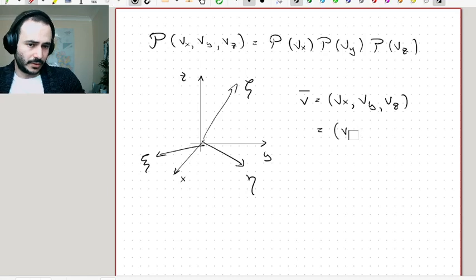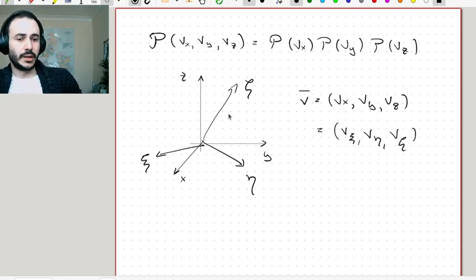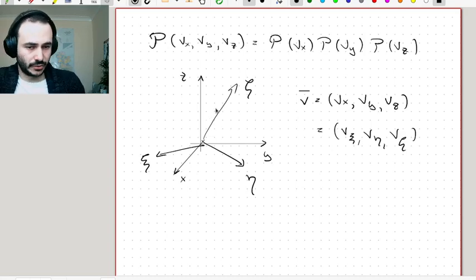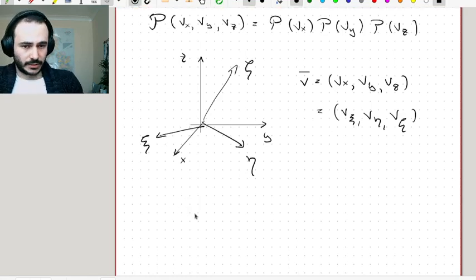It is the same velocity. I just changed the way in which I write it because I arbitrarily chose a different reference system. But as I said before, there are no privileged directions and everything is isotropic, so this probability should be independent of any specific system of axes that I choose to write my velocity vectors.